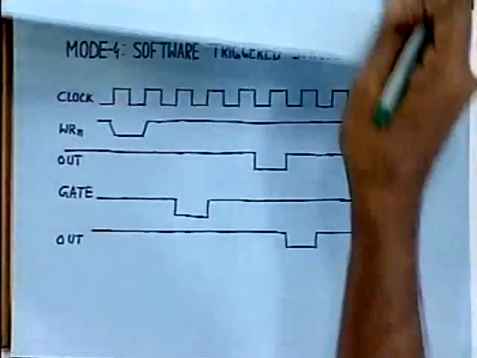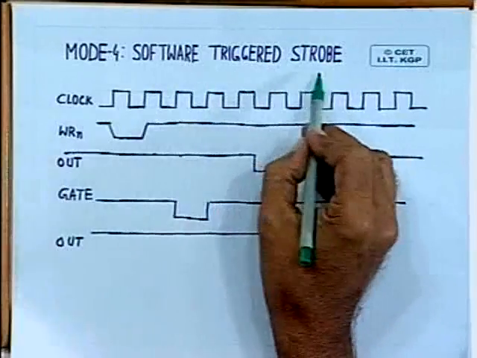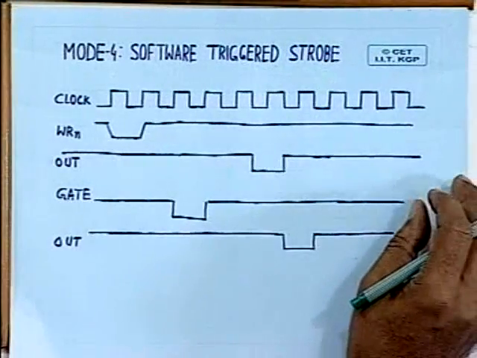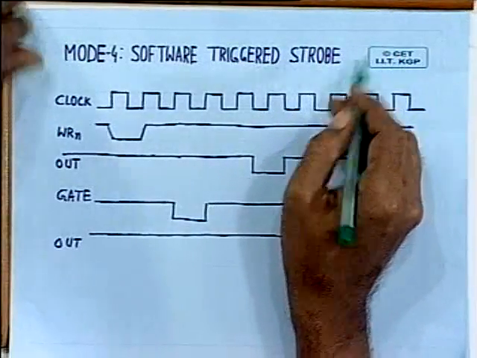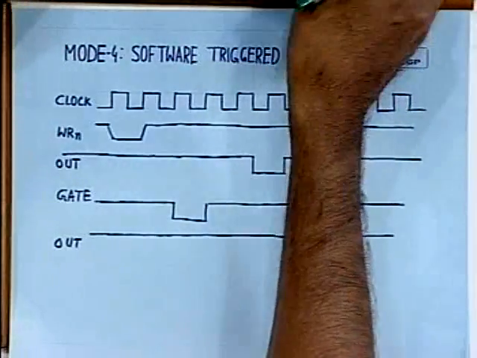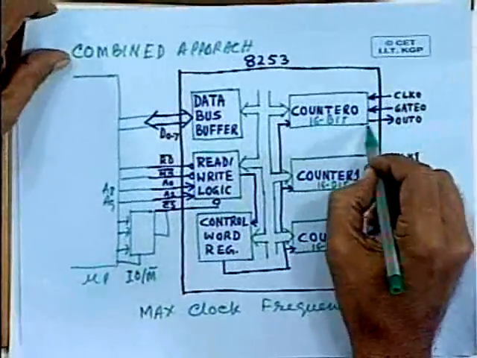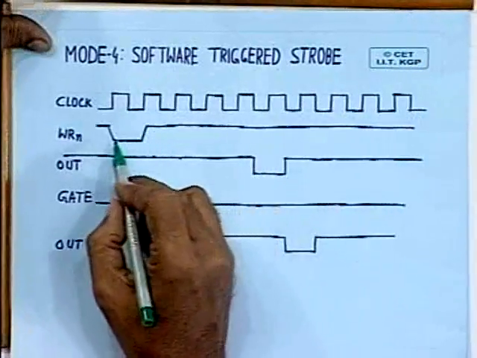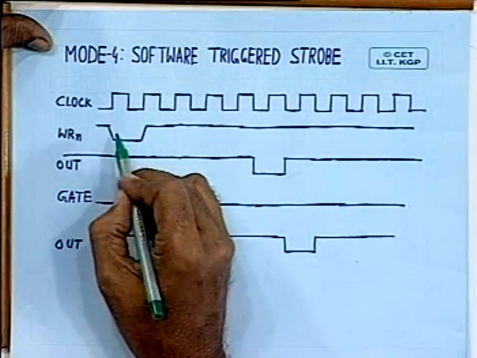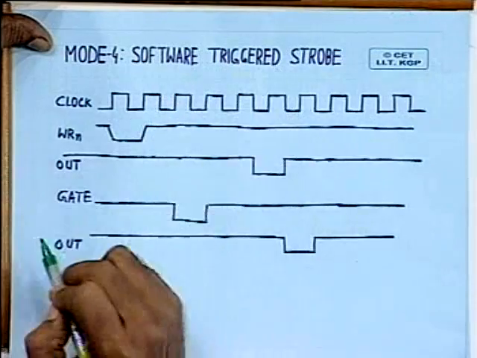Now let us consider the software triggered strobe mode. As its name suggests, it generates a strobe signal at the output, and it is software triggered. How is it software triggered?